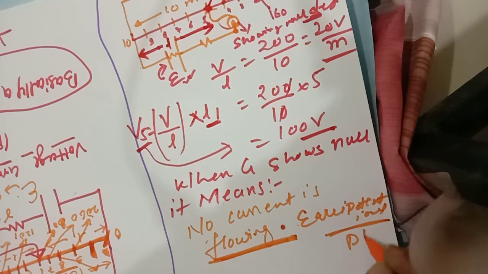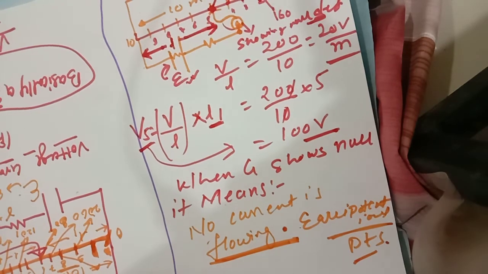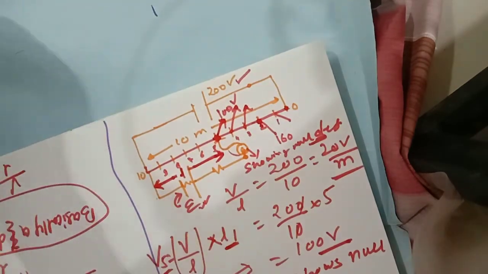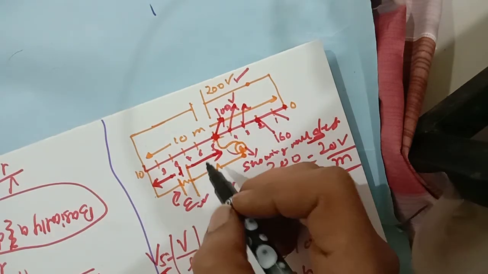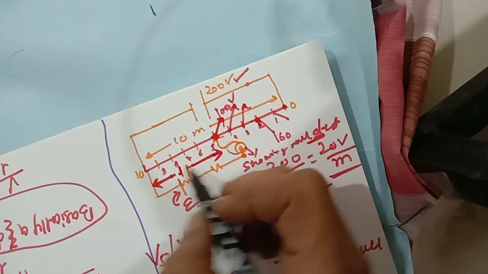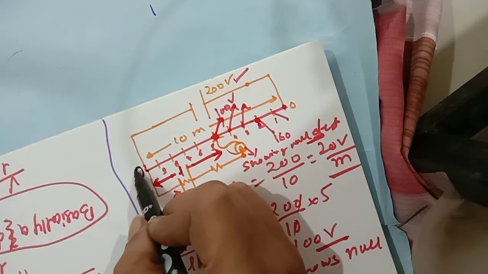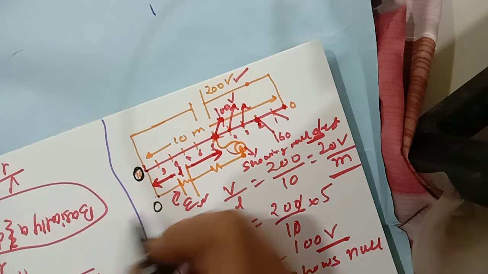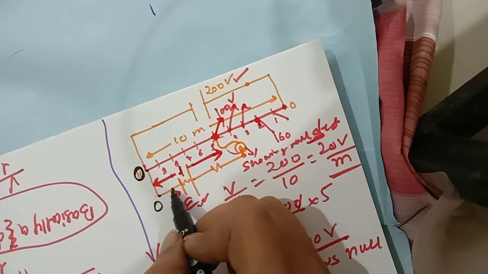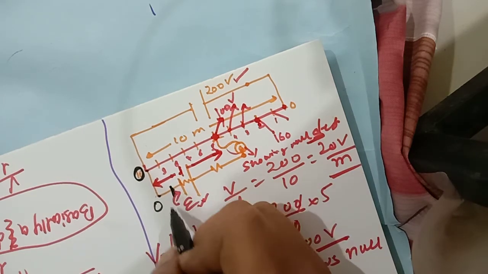So now we will understand over here. Suppose here it is 100 volts, and it is 0 over here. If this is 0, this is 0, this point is also 0.